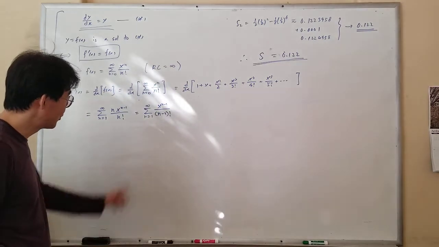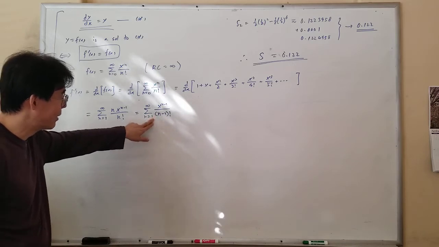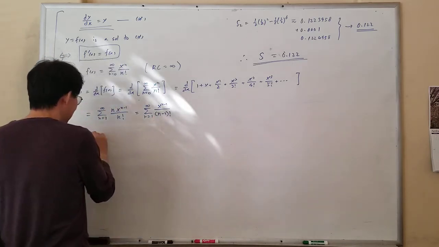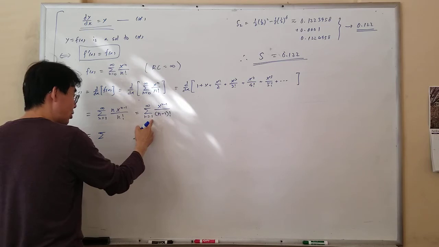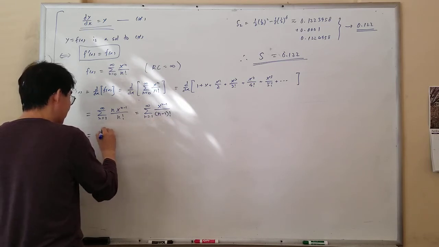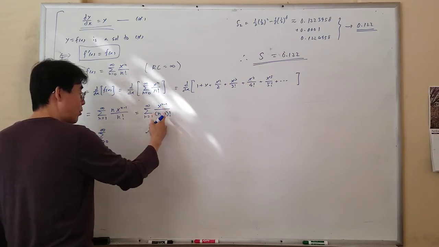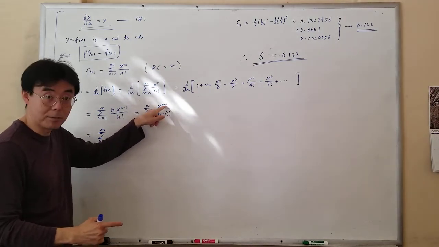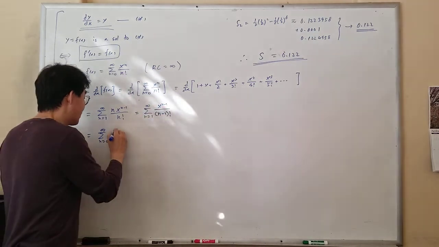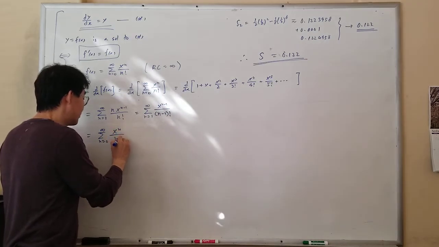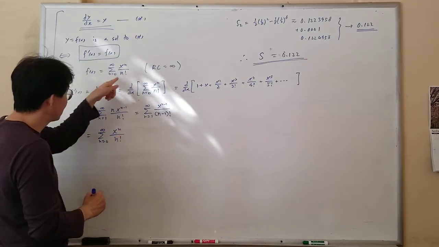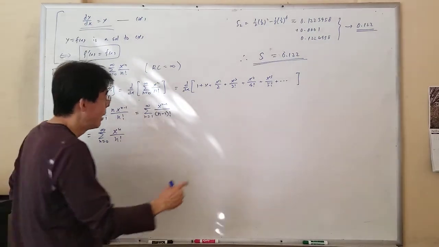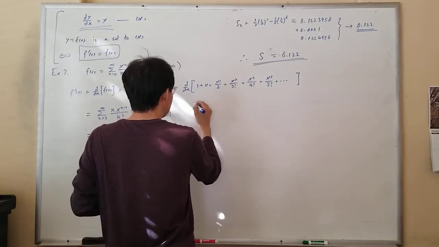Okay, starting from n equals 1. That is, if I change n to start from 0, see, actually it's x to the something over the same thing factorial, starting from 0, isn't it? Right? I can rewrite it this way. Same as the starting one. And you can see this over here.